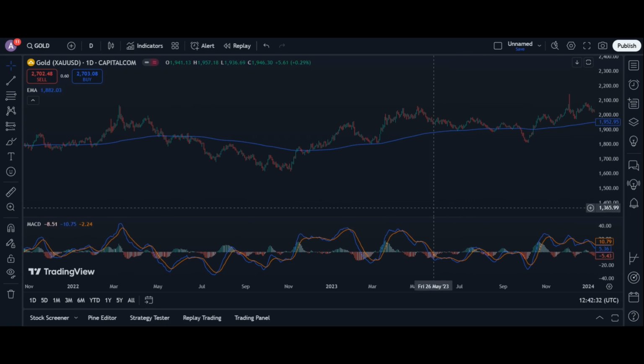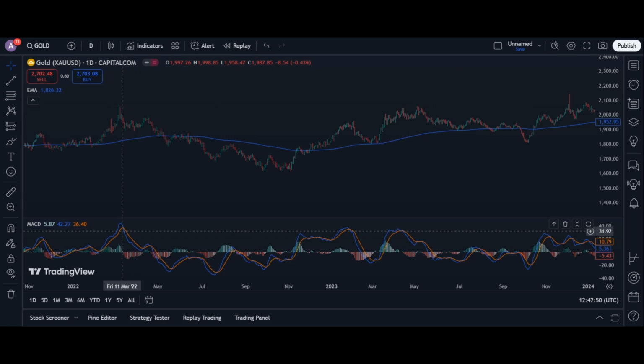For example, at this point, we can see that the MACD line crosses the signal line downward, and they are located above the zero line.